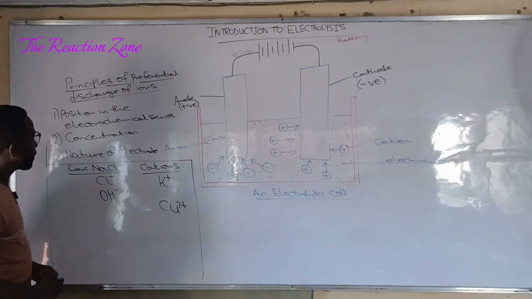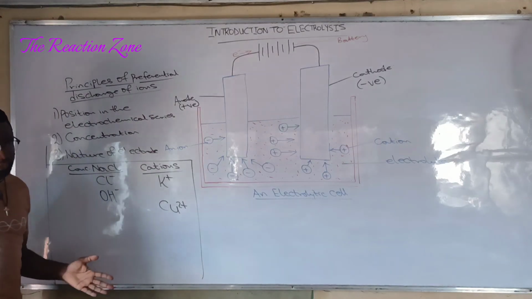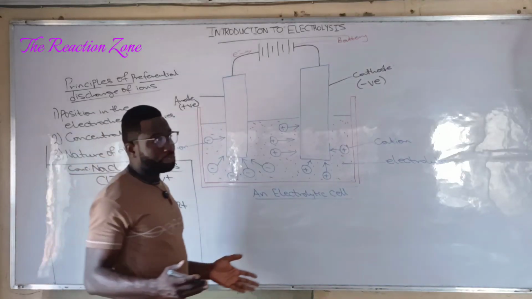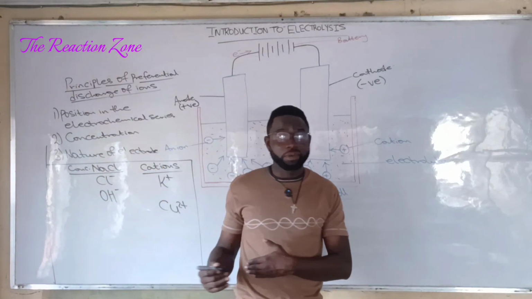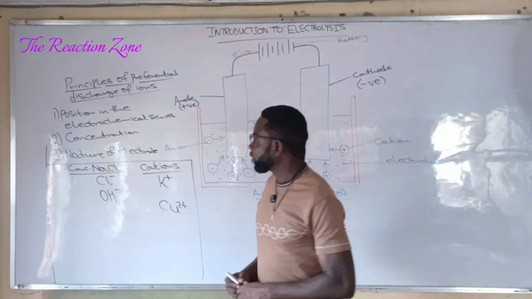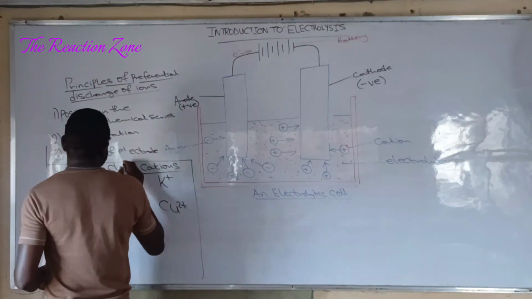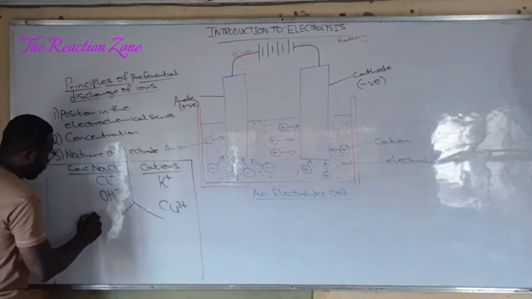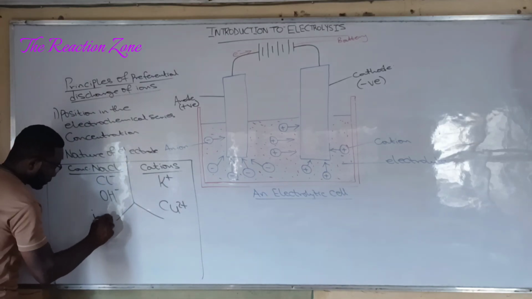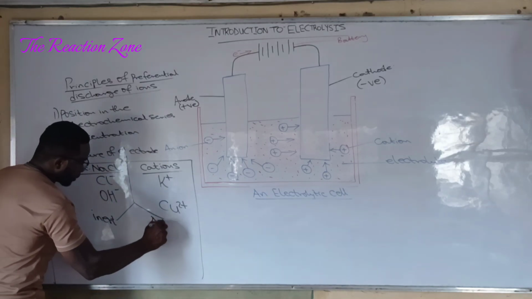The nature of electrode can also influence or determine the ion that will be preferentially discharged at an electrode. There are two types of electrodes in electrolysis. We have inert electrodes and we have active electrodes.